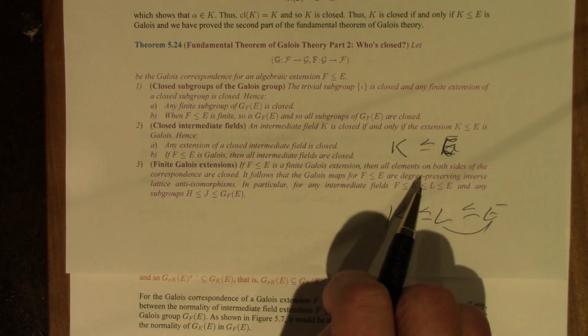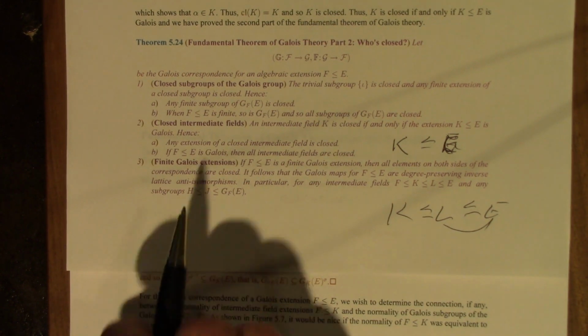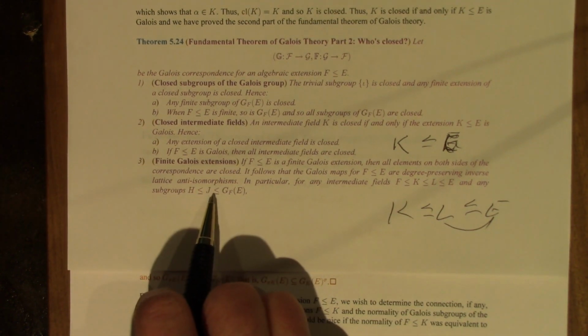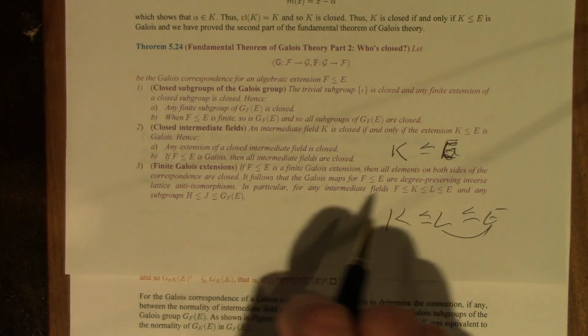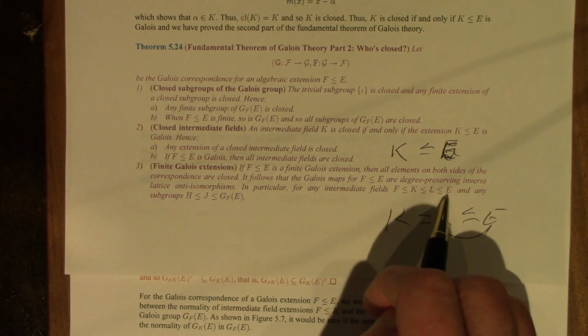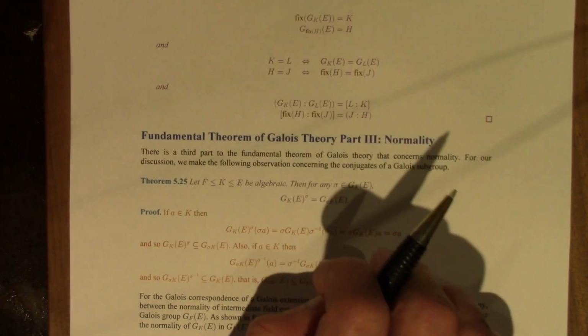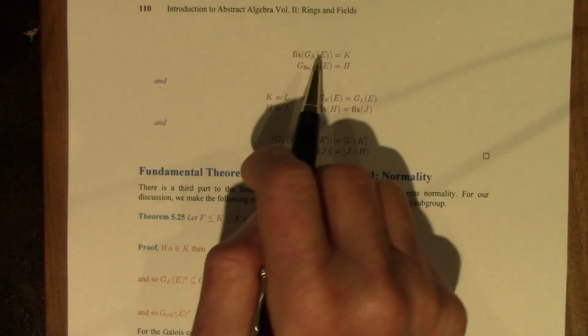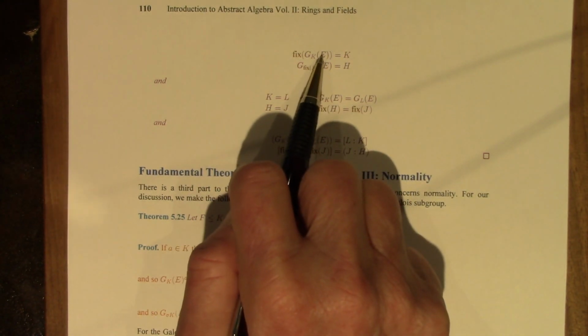So they are degree preserving, inverse lattice anti-isomorphisms. And so what that means is that for any tower of intermediate fields and any tower of subgroups, we have this, which expresses the fact that the two maps are inverses of each other.